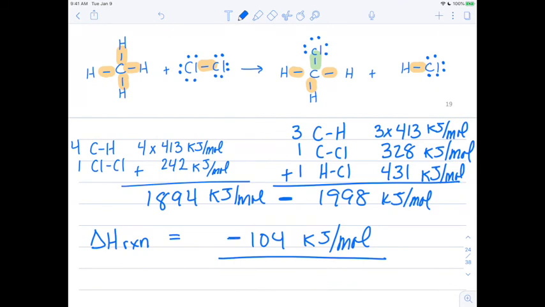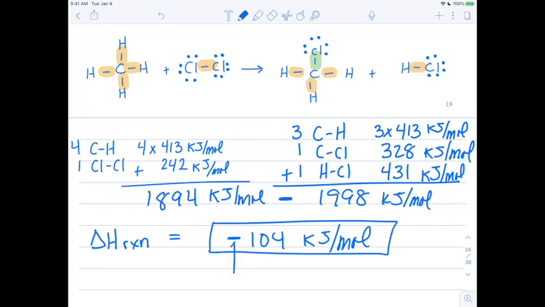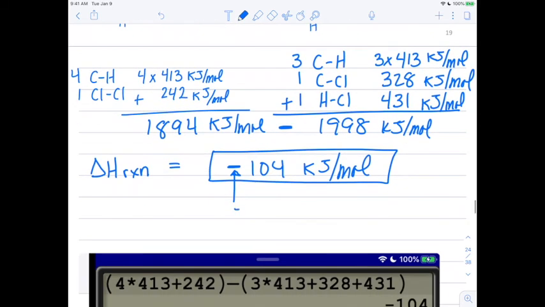So based on this negative sign right here, is this an endo or an exothermic reaction? Excellent. So I see the exos rolling in. So because of the negative right here, we know this is an exothermic reaction.